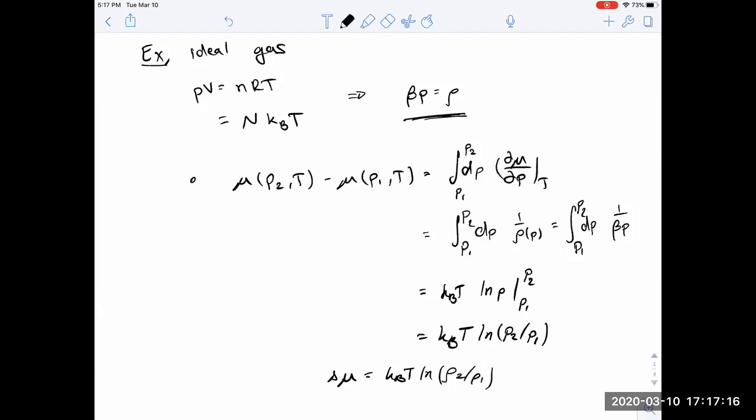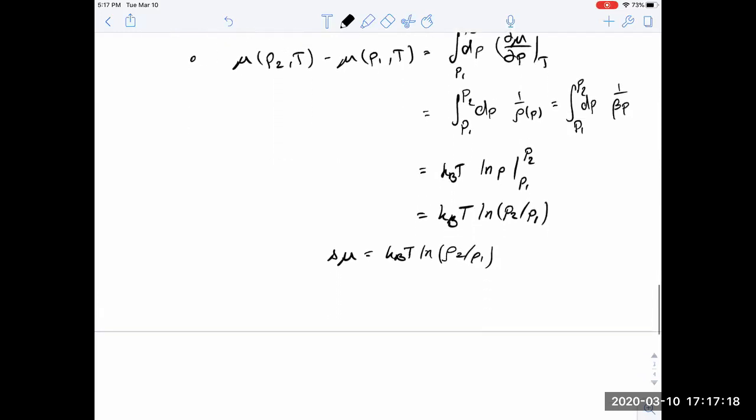That tells us that for an ideal gas, there's a very simple relationship between the chemical potential and the density. Not the change in the chemical potential, but the chemical potential would be in general some constant plus kBT log the density.